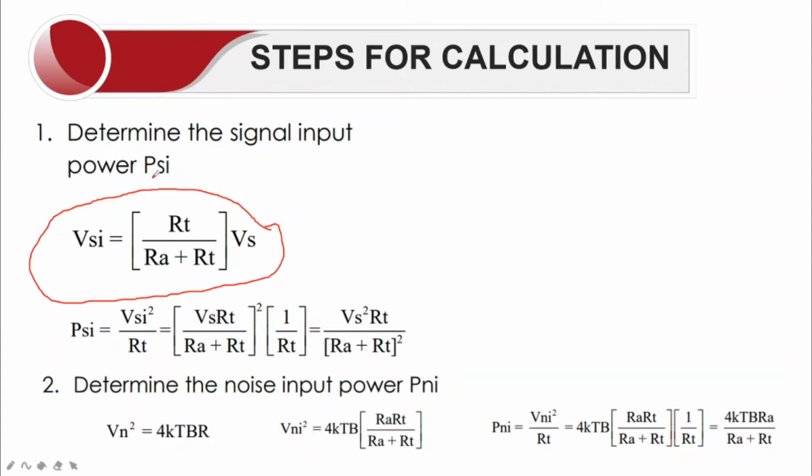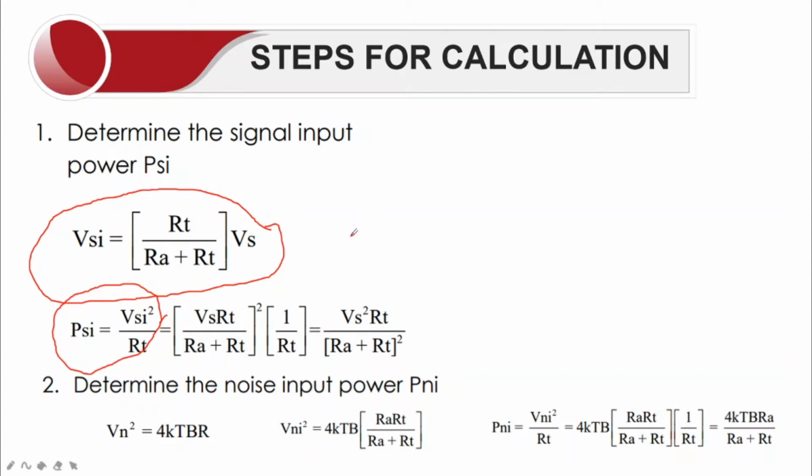Pero para makuha yung PSI, kailangan natin ng VSI. Ayan. So, kapag nakuha na natin yung VSI using this formula, masasolve na natin yung PSI, which is PSI is equal to VSI squared over RT. Ngayon, kapag alam mo yung dalawang formula na yan, pwede mo na masolve yung PSI.